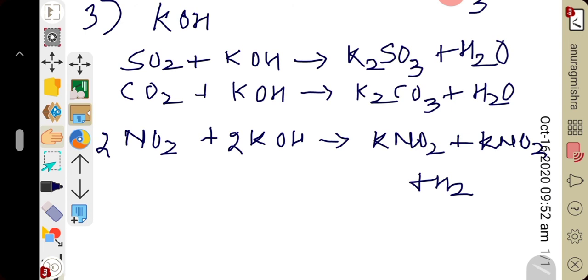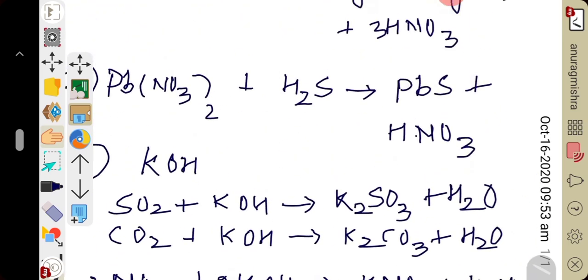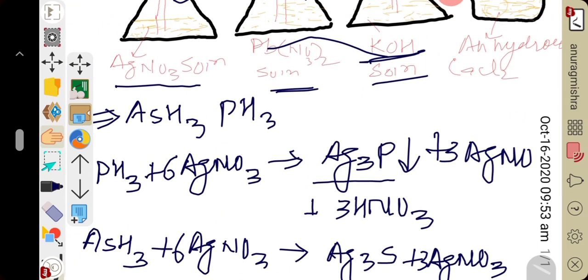CO2 reacts with potassium hydroxide to form K2CO3 plus water molecule. NO2 reacts with potassium hydroxide to form potassium nitrite and potassium nitrate along with water molecule. Here water molecule is present, not H2. I hope you understood how the impurity of SO2, CO2 and NO2 is removed from prepared hydrogen gas.